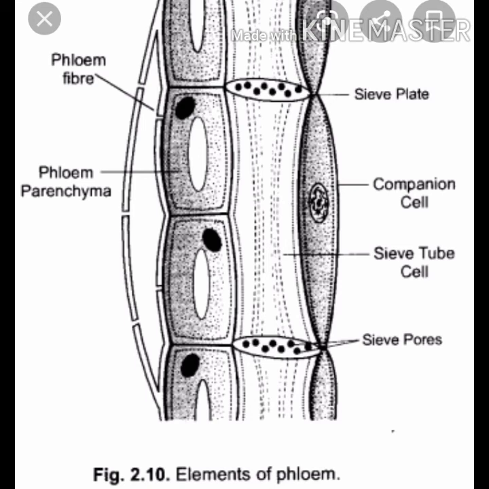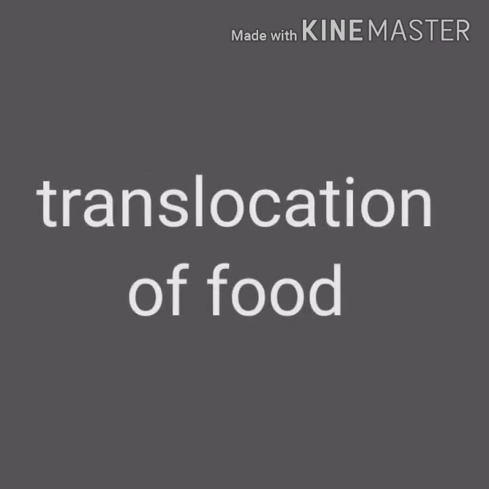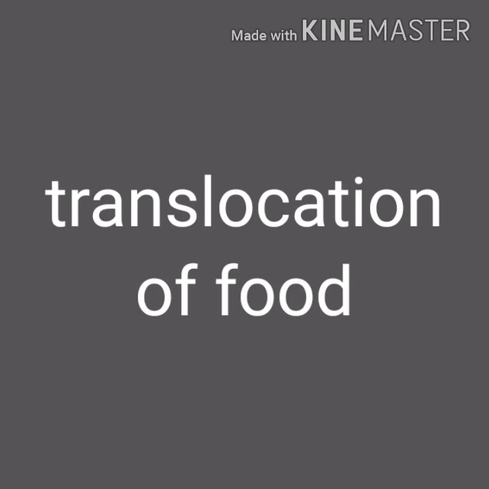Then phloem parenchyma, just like the xylem parenchyma, consists of living parenchymatous cells which help in the storage of food. Phloem fibers or phloem sclerenchyma are mainly for giving mechanical support. The main function of phloem is the translocation of prepared food from the upper parts, that means from the leaves, to the lower lying plant parts by utilizing energy.